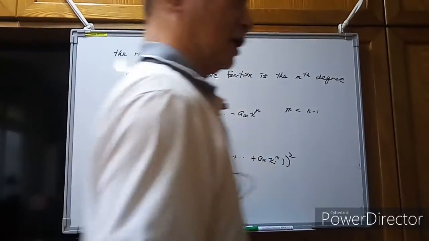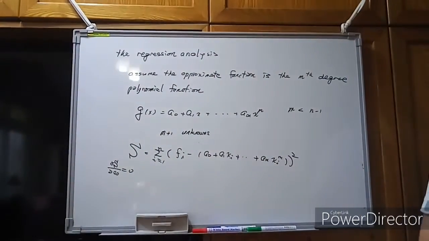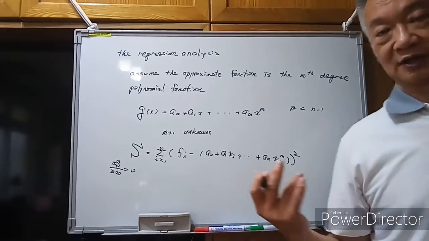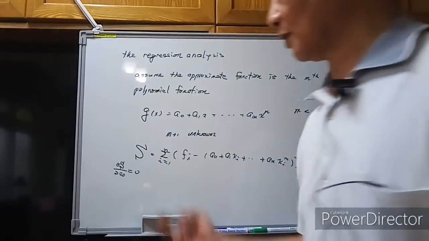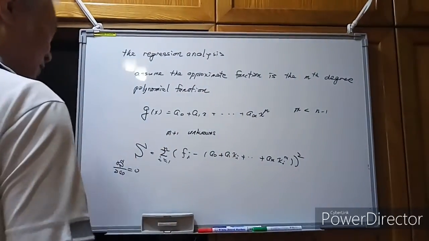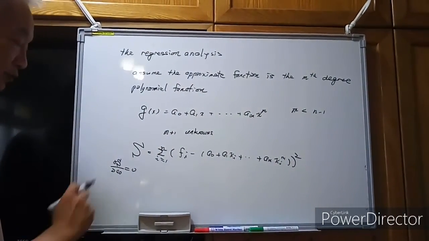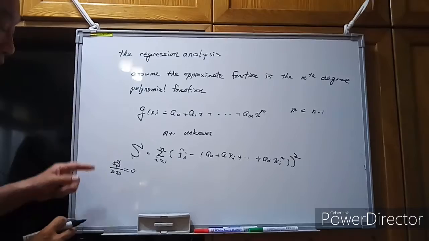For the minimum value, we can calculate the partial derivative of the capital S with respect to the first unknown A0.